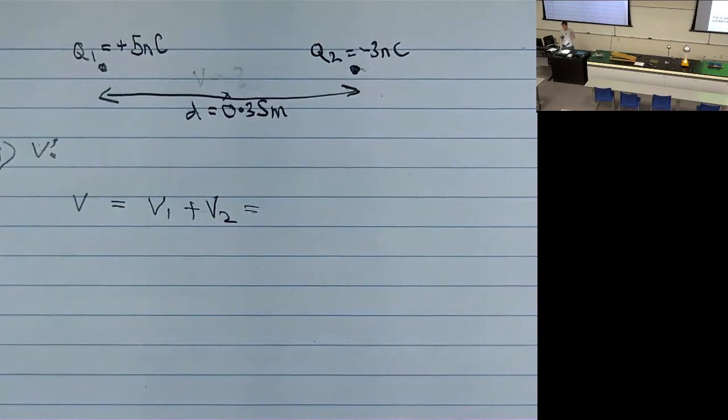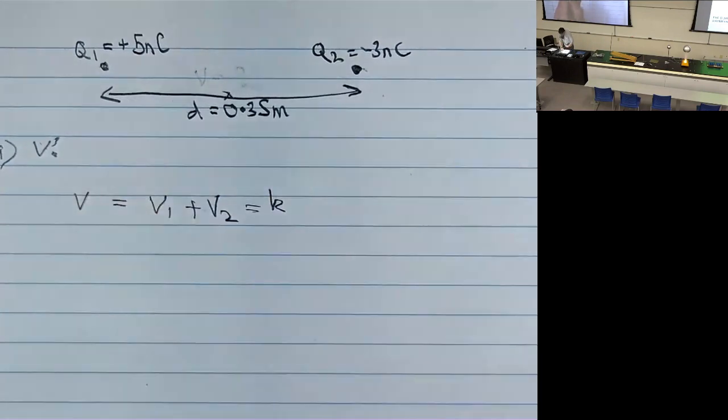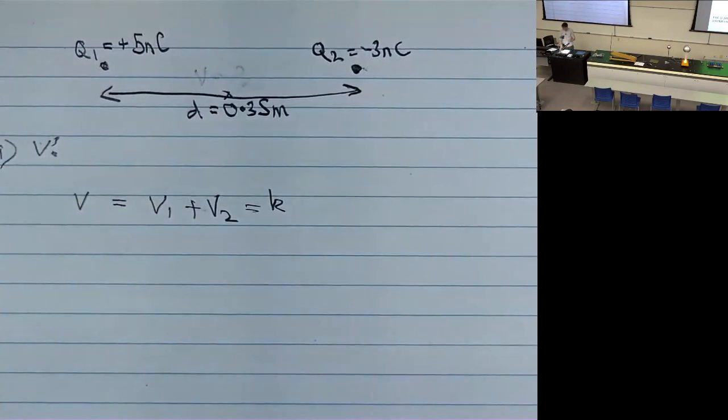You've got to worry about the sizes and the directions. Adding together potentials, this is the beauty of potential. Adding together potentials, they're just numbers. I mean, they might be positive or negative, but they're just numbers to add together. So this is going to be way easier. This is why I can solve this question in a few minutes rather than in 15.